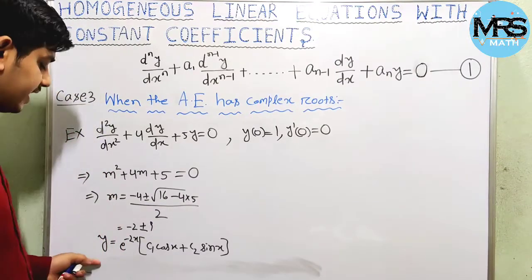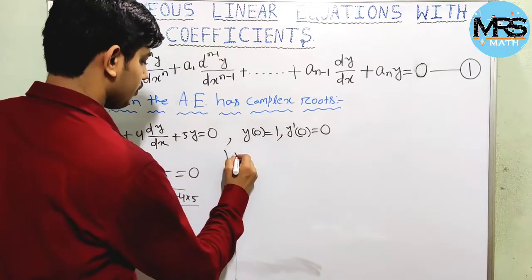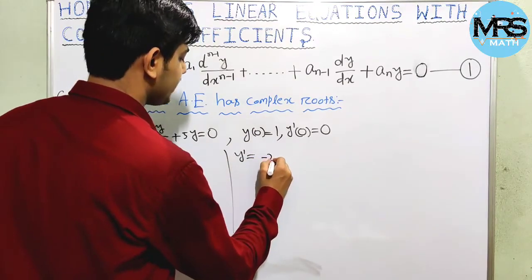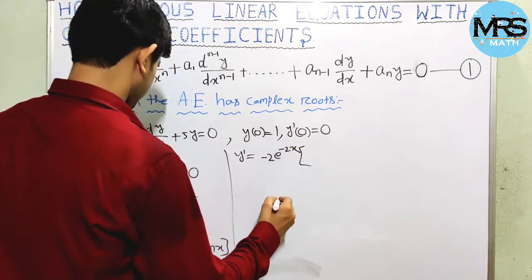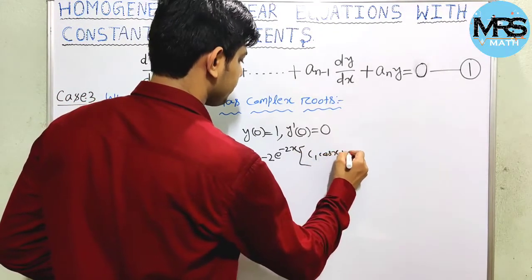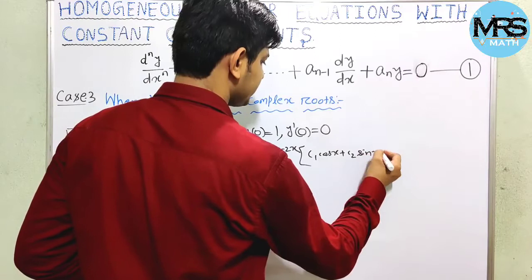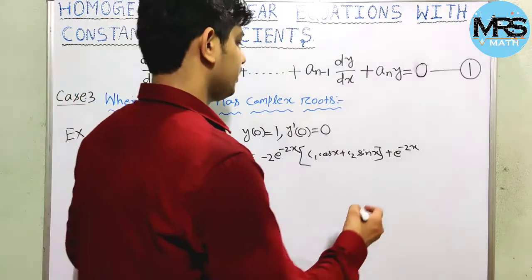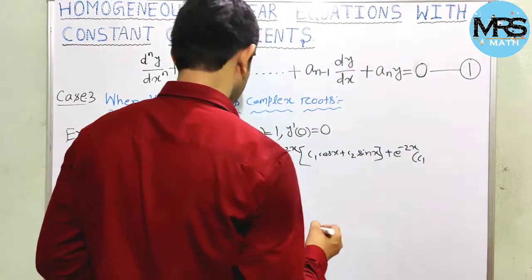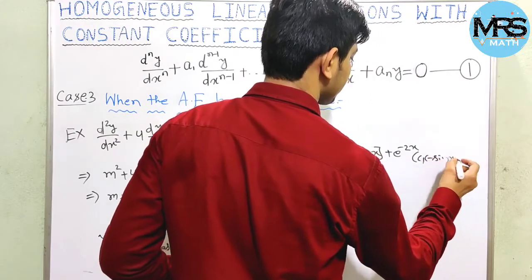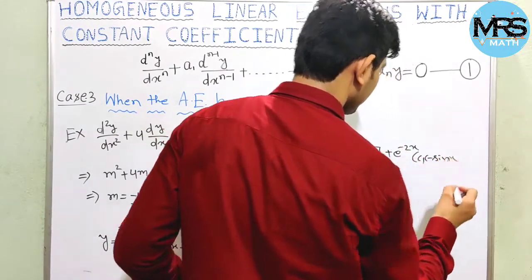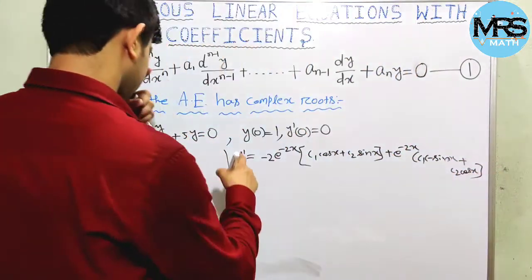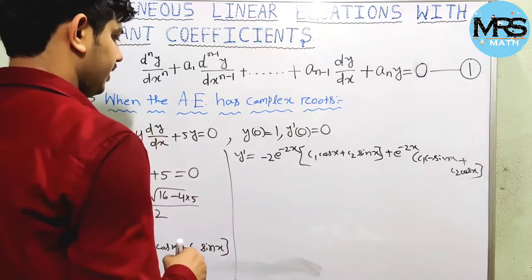If you take the derivative of this, then what we will get? y dash is equal to e to the power minus 2x, differentiation will be minus 2 e to the power minus 2x into c1 cos x plus c2 sin x, plus e to the power minus 2x into c1 minus sin x, plus c2 cos x. So this will be our y dash of x.